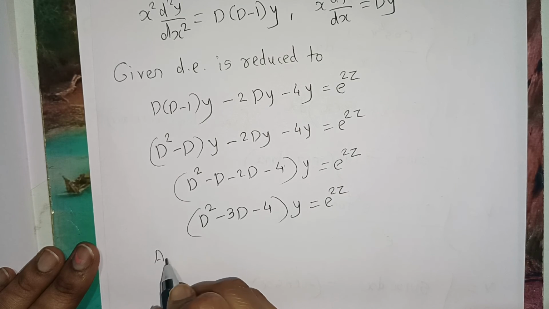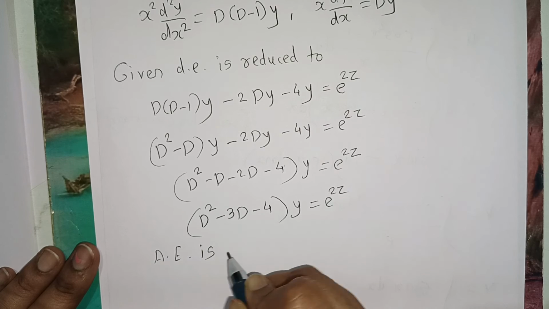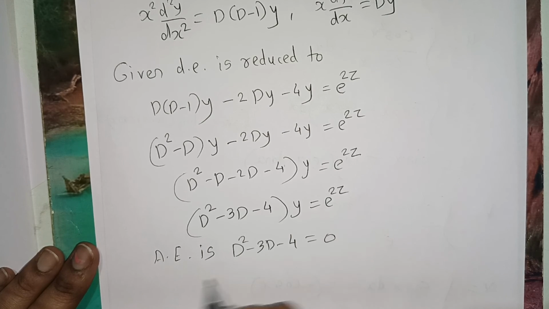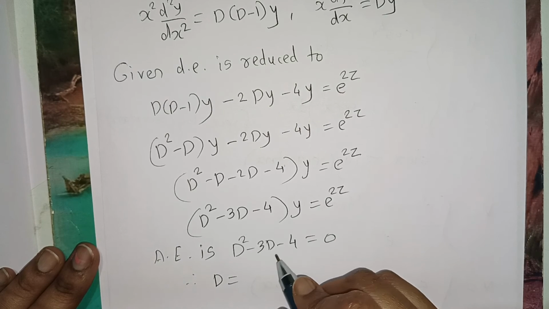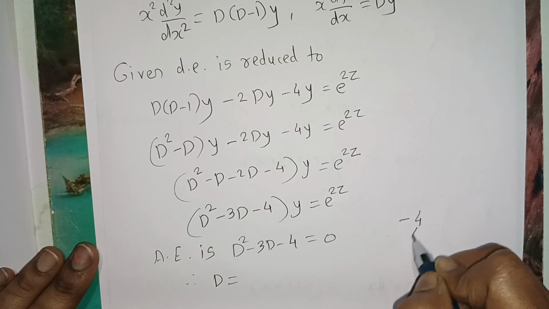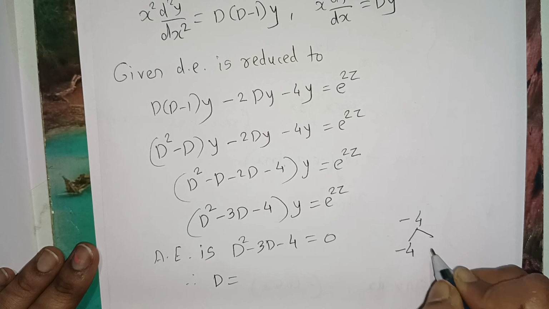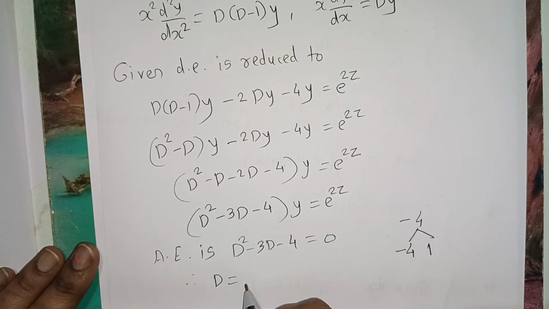So the auxiliary equation is D square minus 3D minus 4 is equal to 0. Hence the roots: you can use a calculator or you can factorize. Factors of minus 4 such that the addition of factors is minus 3 must be minus 4 and 1. So D is equal to 4, minus 1.